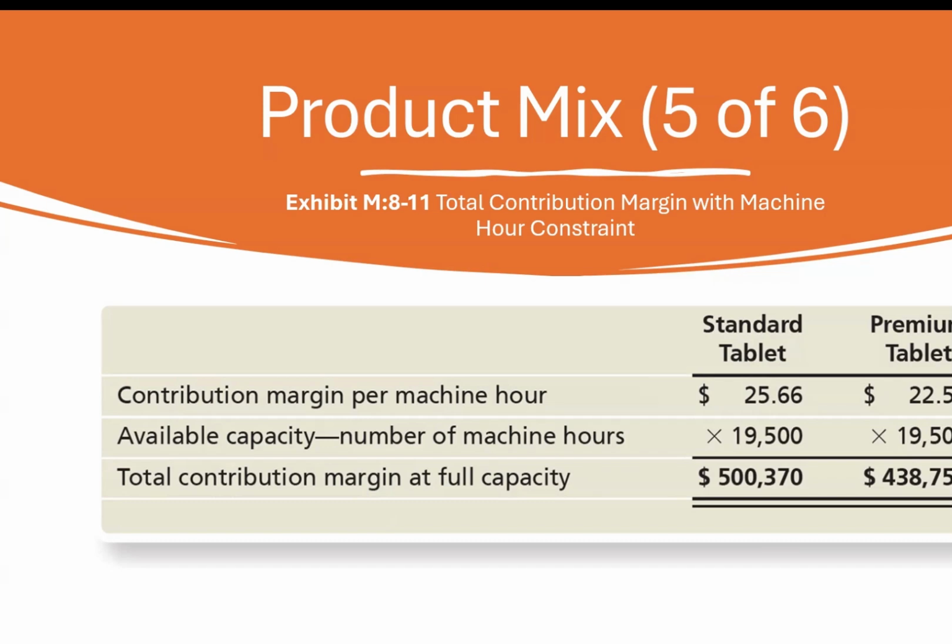So multiplying the contribution margin per machine hour by the available number of machine hours shows that Smart Touch Learning can earn $500,370 of contribution margin by producing only standard tablets, but only $438,750 by producing only premium tablets.